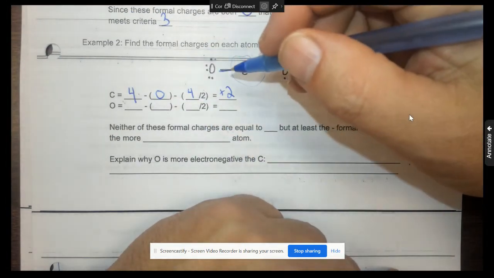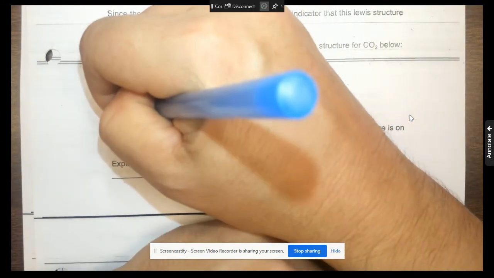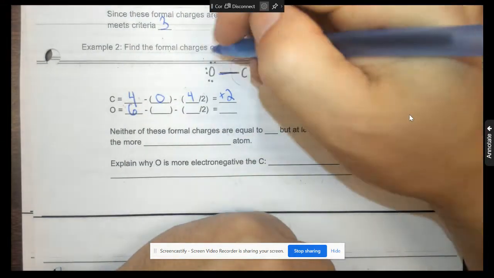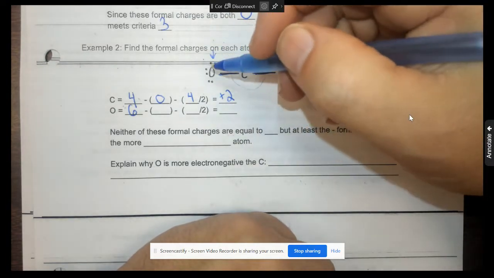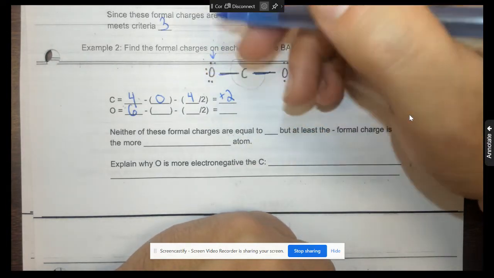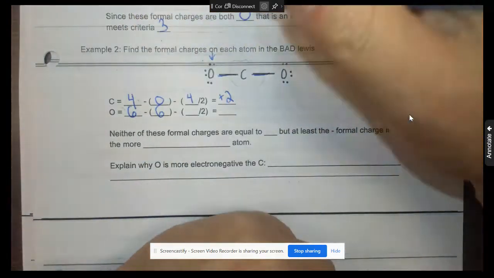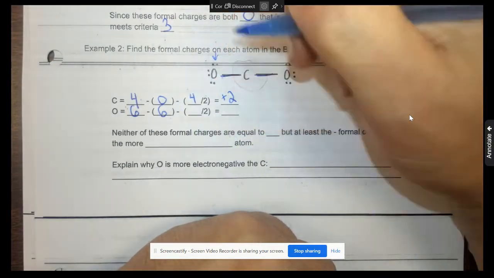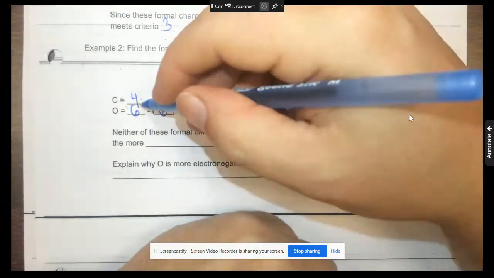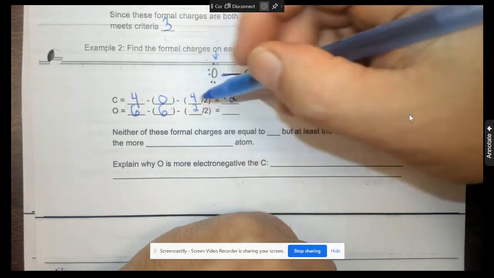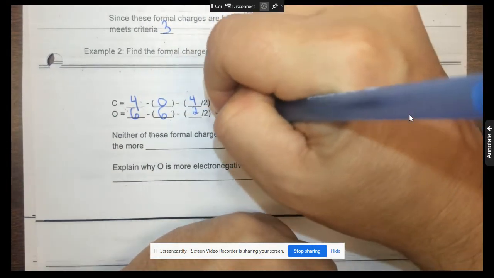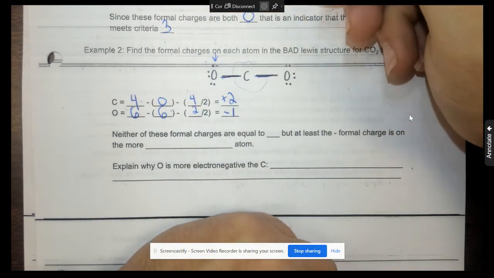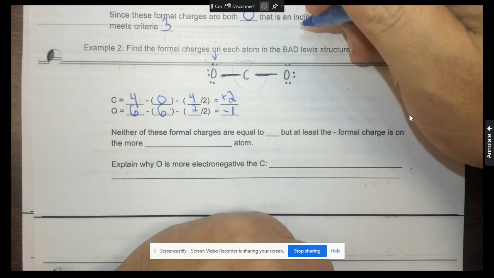Oxygen's also going to have a problem. Oxygen has 6 valence electrons, but in both situations in this molecule, it has 2, 4, 6 unbonded minus 2 bonded. So 6 minus 6 is already 0, minus 1 is minus 1. So neither of these are 0.